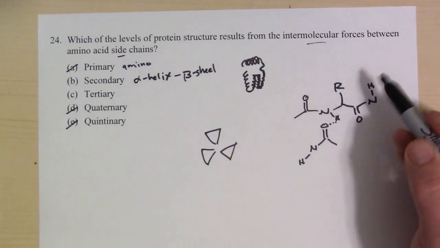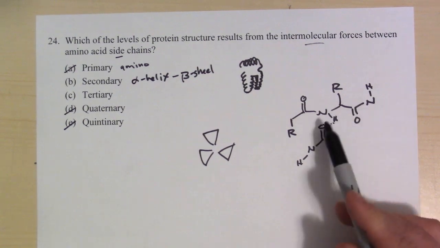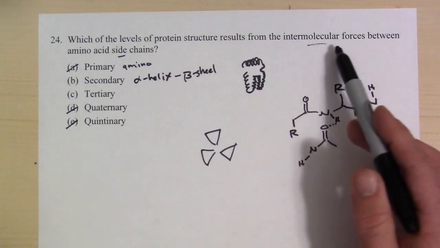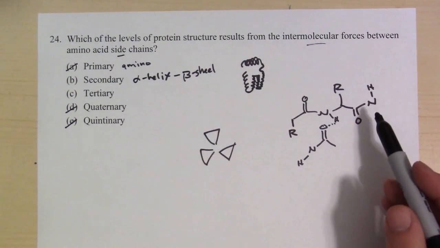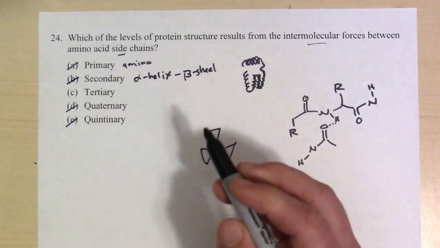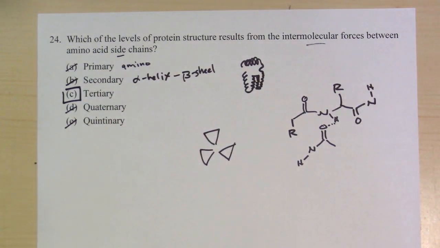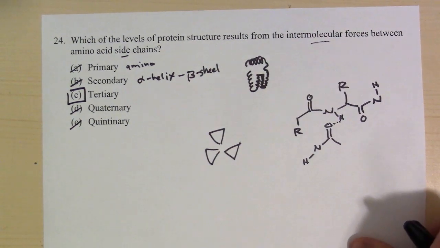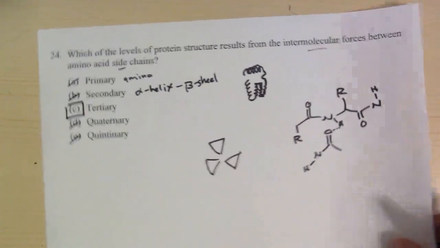There would be a side chain there, there'd be a side chain here. What's actually holding these two strands together to form a helix or a sheet is going to be intermolecular forces, but they're not between the side chains, they're between the backbones. So we can eliminate B, which leaves us with C as our answer. Tertiary protein structure results from the intermolecular forces between the amino acid side chains.